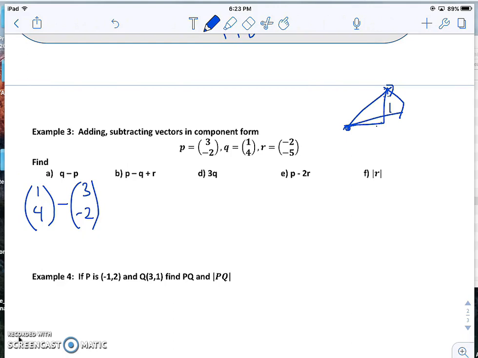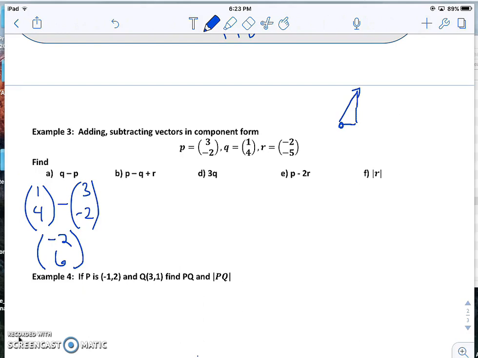So where would our vector actually be there? We just subtract our x components. 1 minus 3, so negative 2. 4 minus negative 2 is 6. This drawing did not turn out the greatest, but we have over 1, up 4.